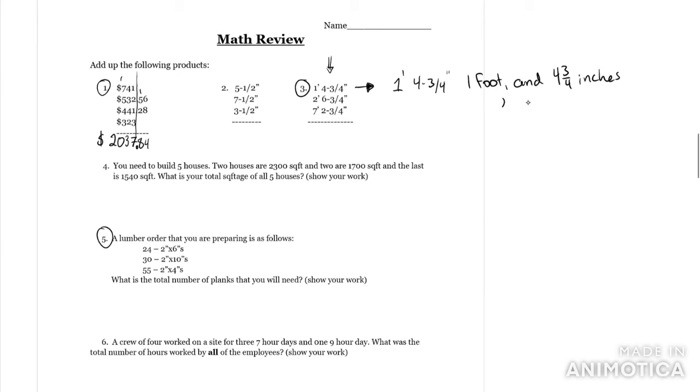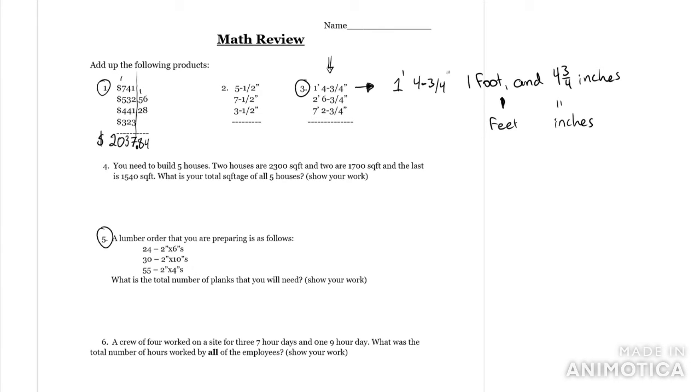So note, this sort of one line means feet. If you see the quotation marks, it means inches. And the dash here is not subtracting, it's saying 4 3/4 inches.